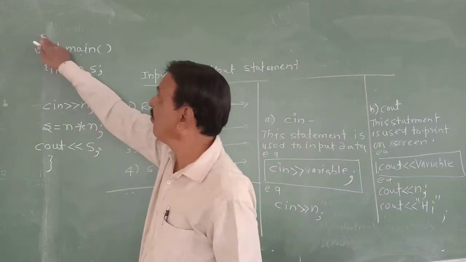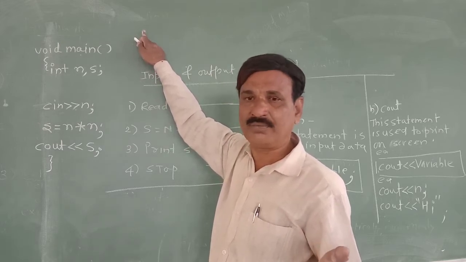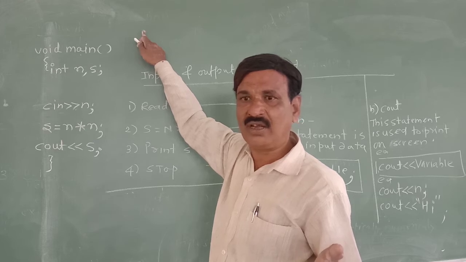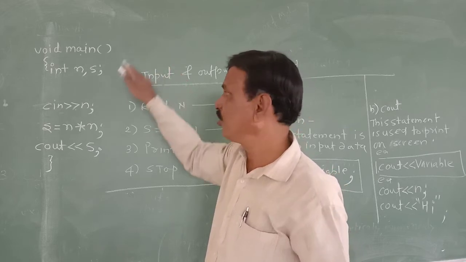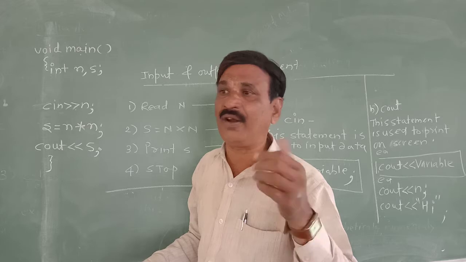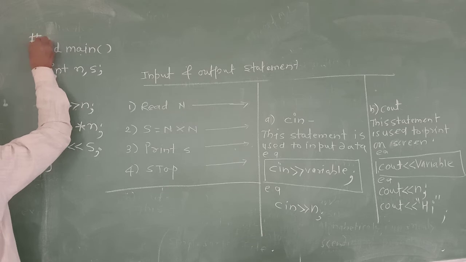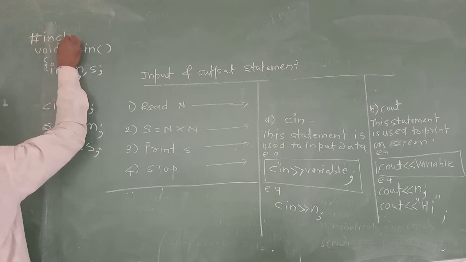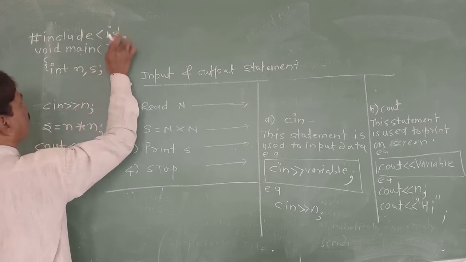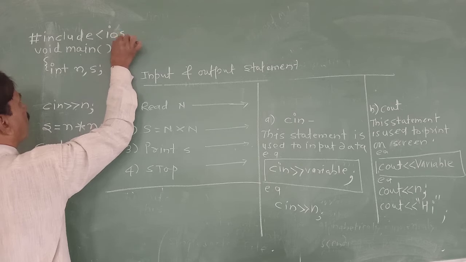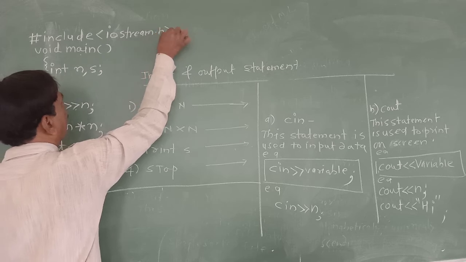Also we have seen the compiler directive, and we know that a compiler directive is a direction to the compiler for inclusion of a header file. So cin and cout statements can be interpreted because their prototypes are available in a header file. That's why #include <iostream.h>, where the name of the header file is iostream.h.